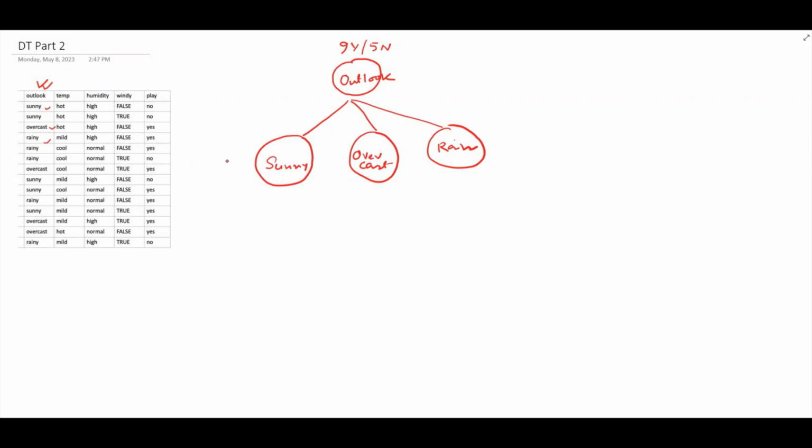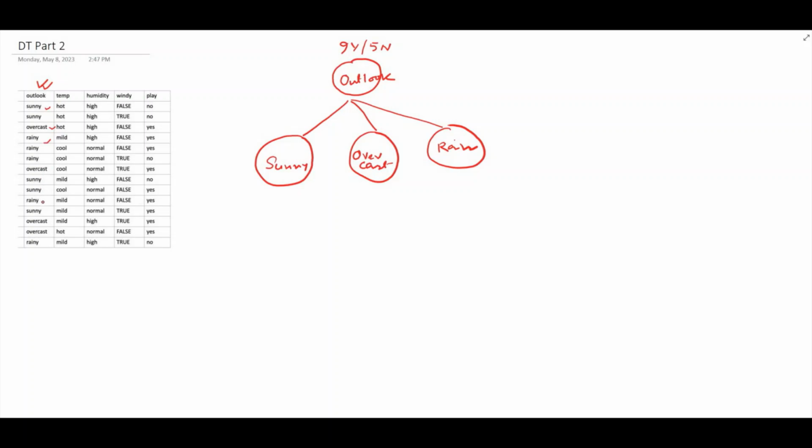Now, if we only consider sunny, forget about temperature, humidity, and windy for the time being. Just by sunny, how many are yes and how many are no?